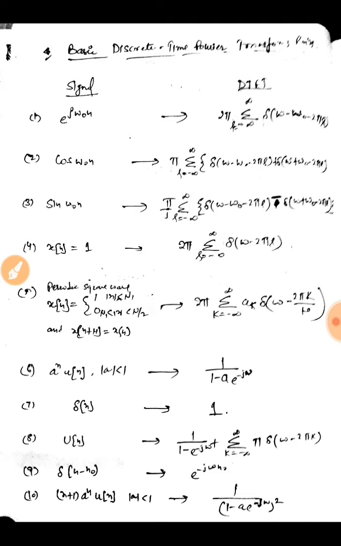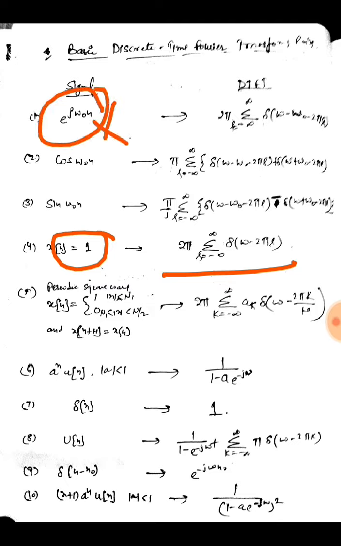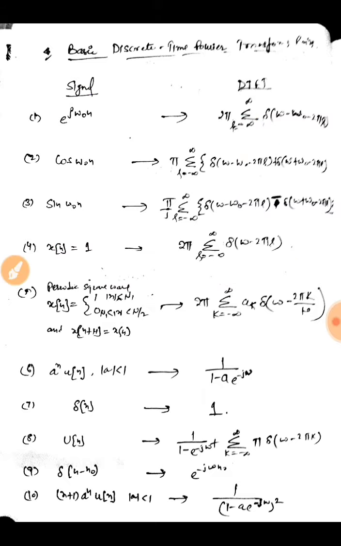Since the Fourier transform of 1 is this one, if I multiply 1 by e raised to power j omega naught n, there will be a frequency shifting of omega naught. So using the frequency shifting property you can solve this function.